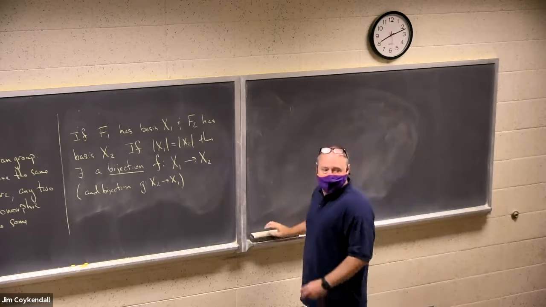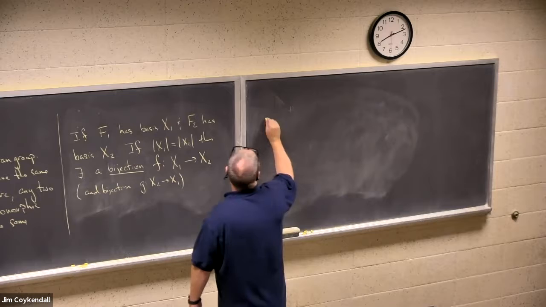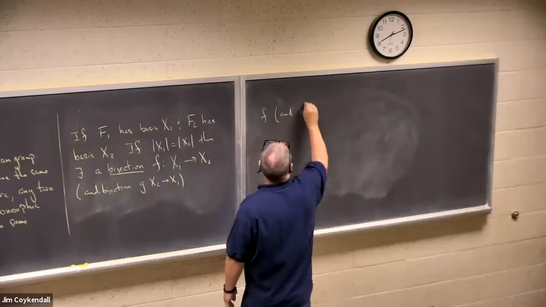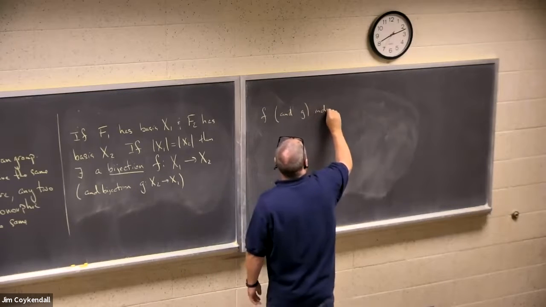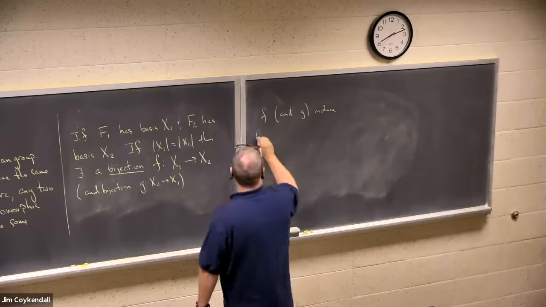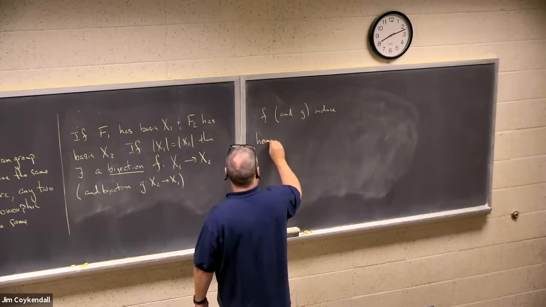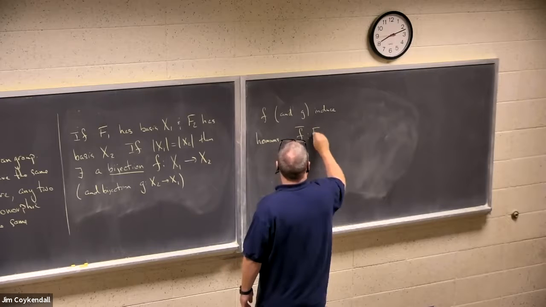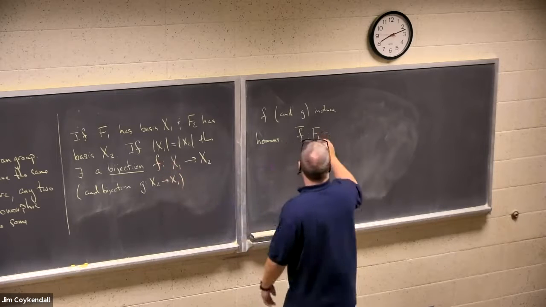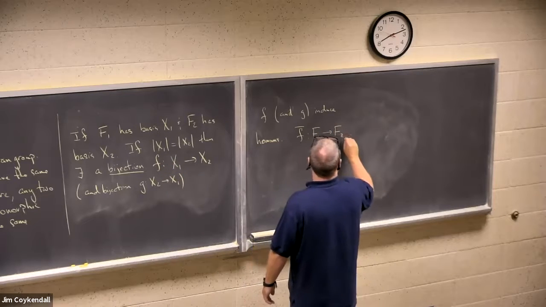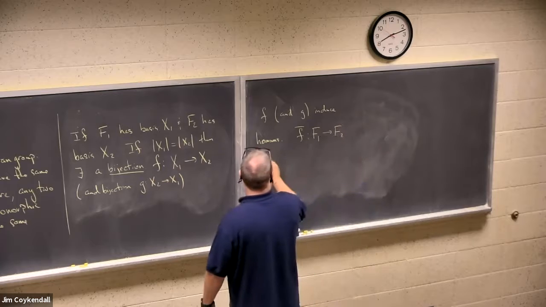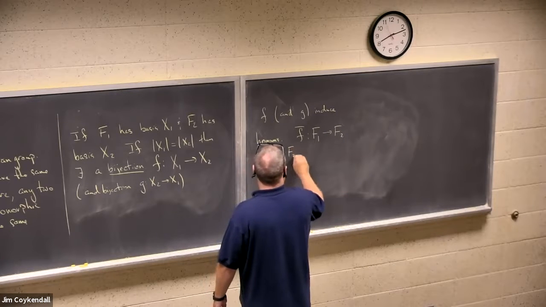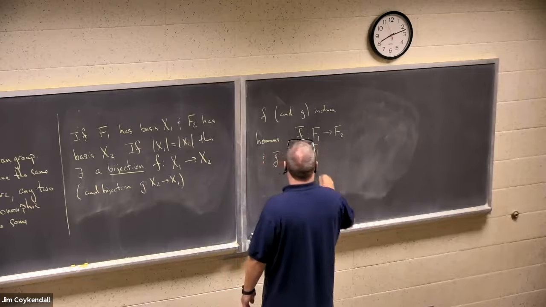By the universal mapping property, F and G induce homomorphisms F bar from F1 to F2 and G bar from F2 to F1.